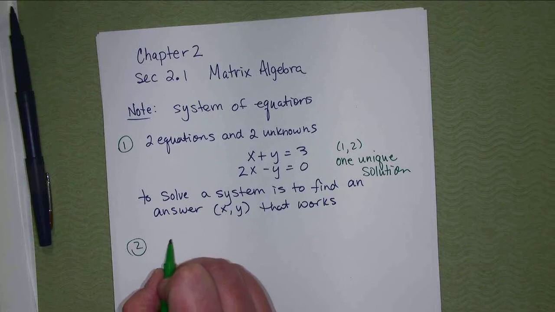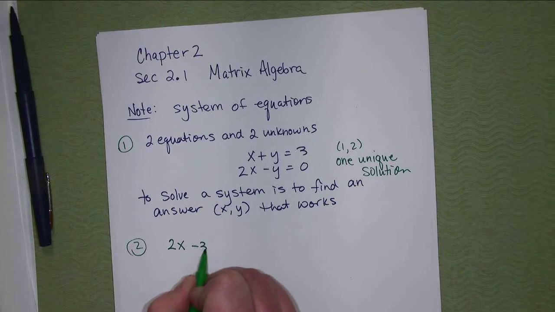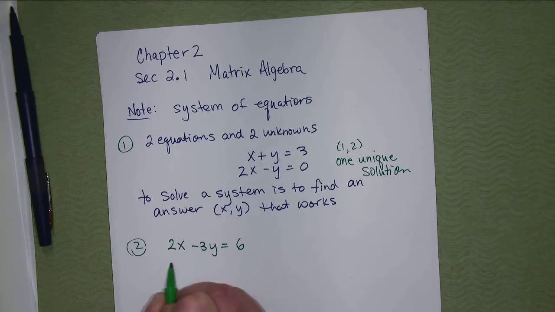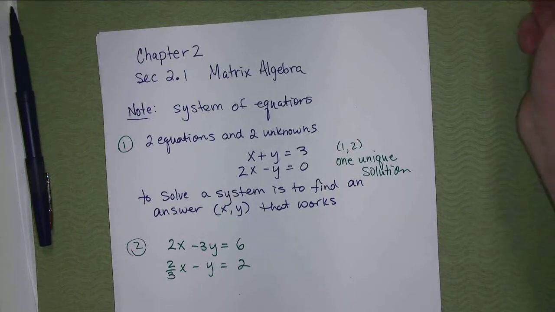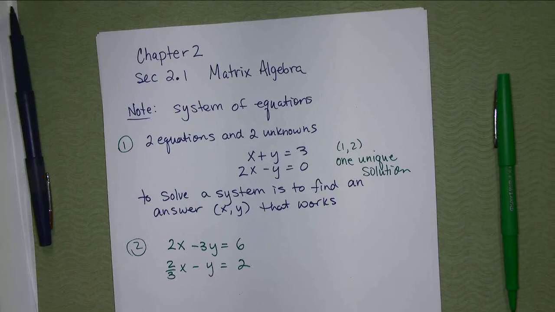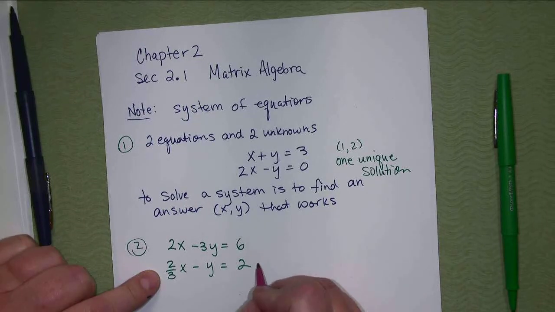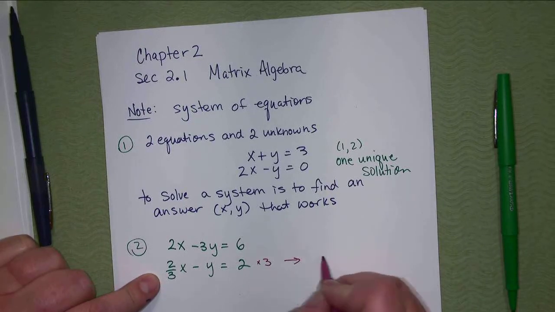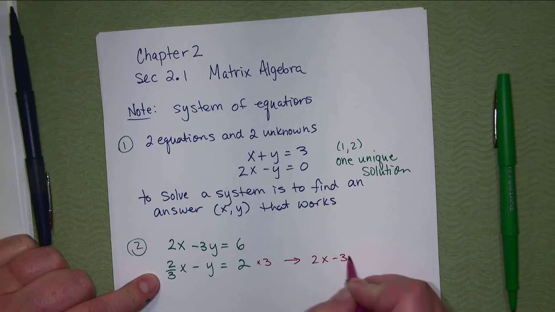So if we had, for example, this one, I'm trying to make it look very disguised. So the hint is telling you that I've disguised the second equation. So are these the same two equations? Yeah. If I multiply this one by 3, what do I get? 2x minus 3y equals 6.